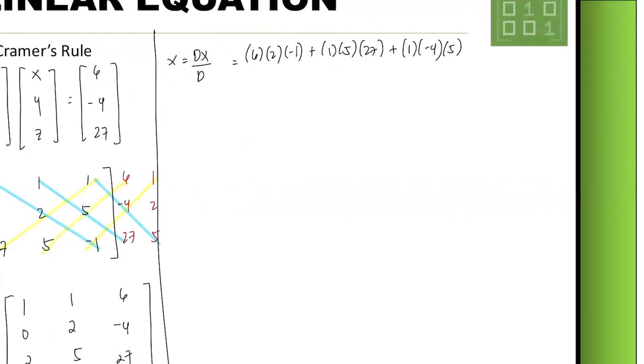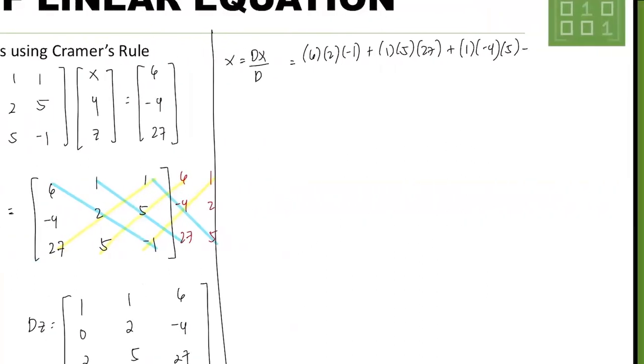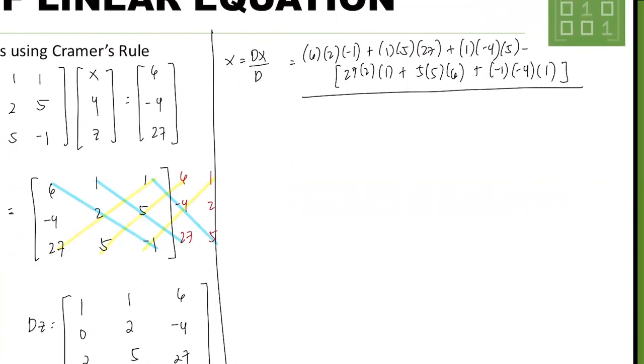Okay? Tapos minus natin ng 27 times 2 times 1 plus 5 times 5 times 6 plus negative 1, negative 4 times 1. Okay? So, yan yung numerator natin. Ang denominator natin ay negative 21.